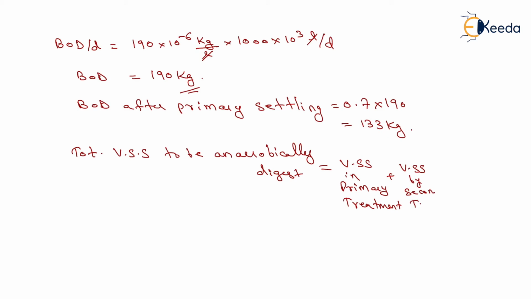Now the volatile suspended solids in primary treatment will be equal to 157.5, but it will be only 50%, so we take the value as 0.5.